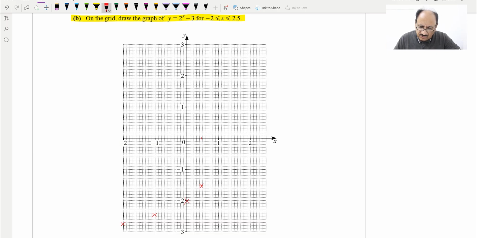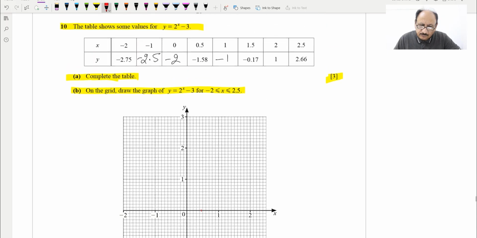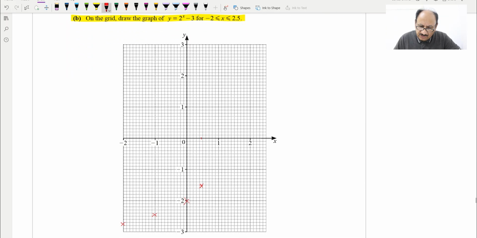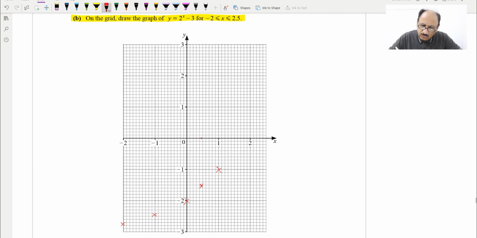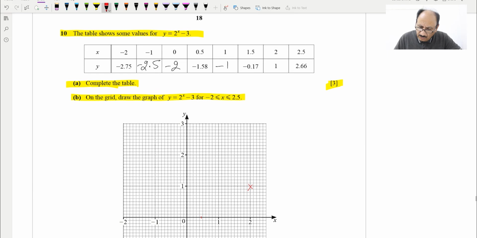And then next is what? 1 and minus 1. So 1 and minus 1 will be here. And next is 2 and 1. So 2 and 1 will be this one. And 2.5 and 2.66. So 2.1, 2, 3, 4, 5 and 6, you can write over here.